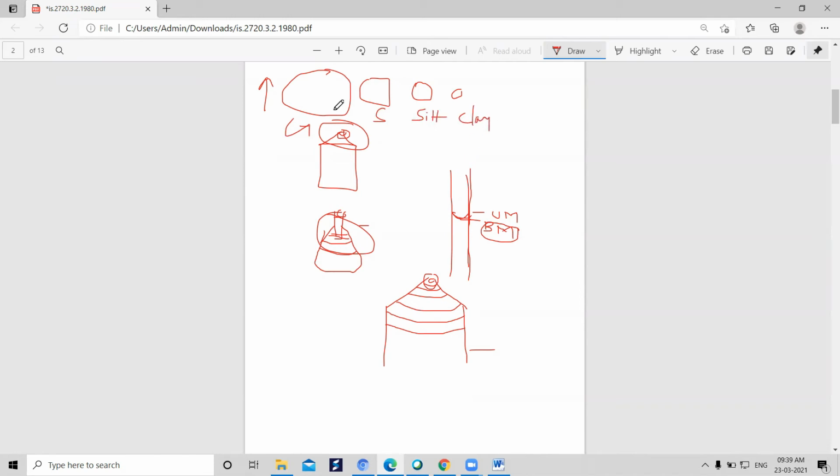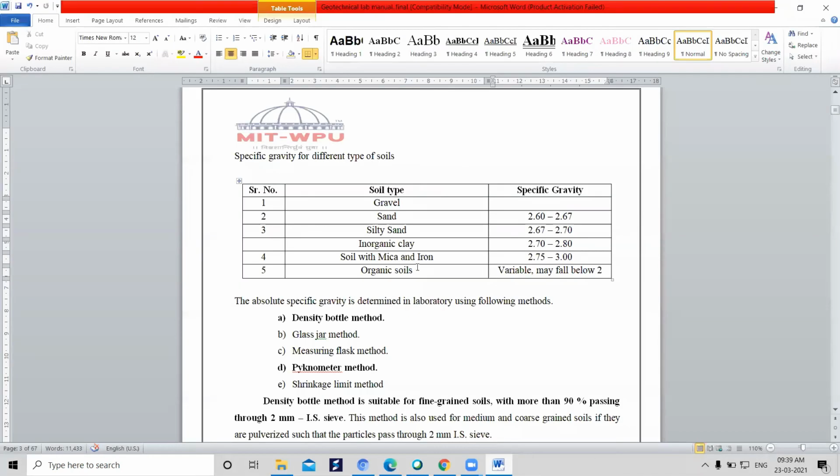Now, I can observe that sand and gravel have a lower specific gravity. As the fineness increases, with smaller size, the specific gravity increases. If you find any organic material mixed in this type of composition, then the specific gravity will be completely lower than 2.